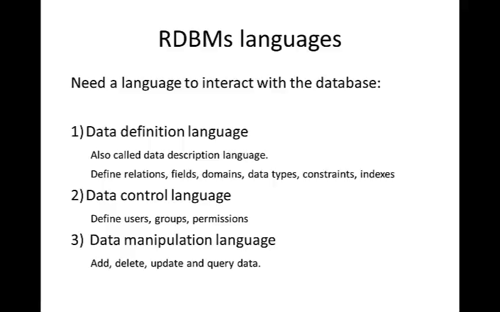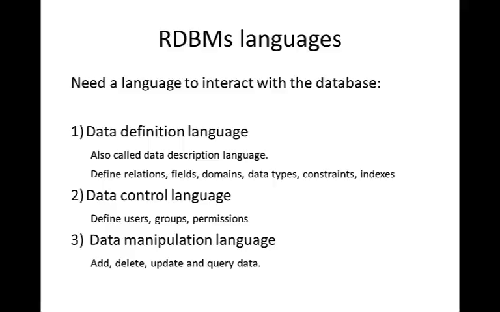That basically is: create relations, define the fields on the relations, define the domains, the domain being the range of valid values within a field, define data types, create your own data types, and impose constraints on the data in the relations, the foreign key and primary key constraints. There are other types of constraints we'll meet in due course, like not null. Create indexes, we'll talk about indexes, to increase speed of access to data in the database.